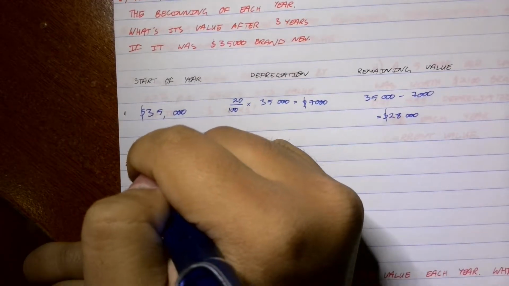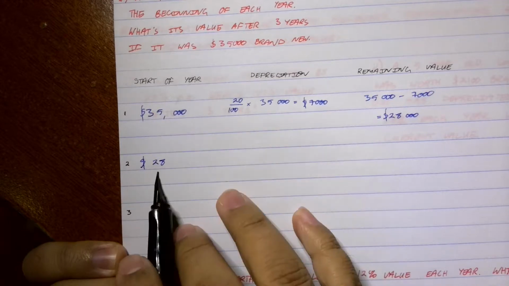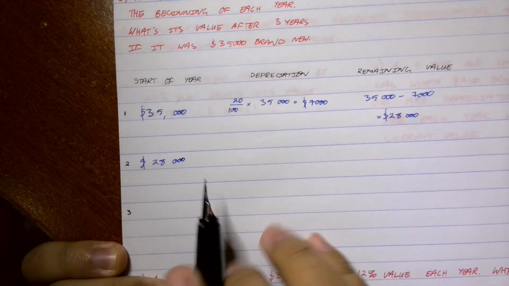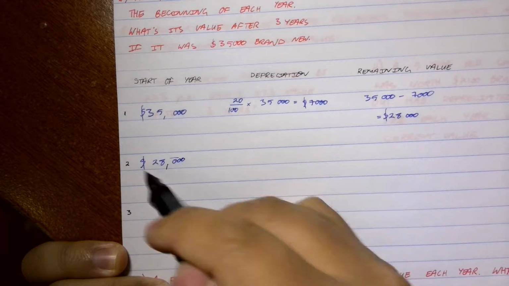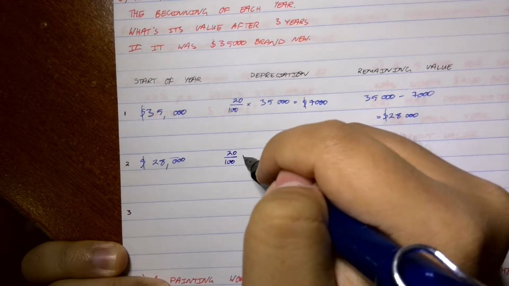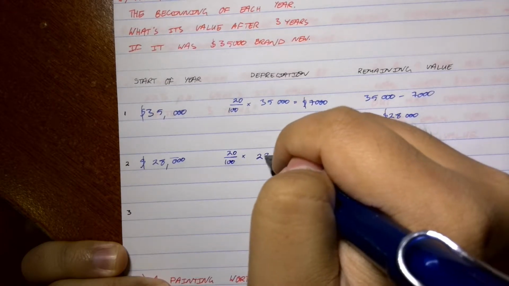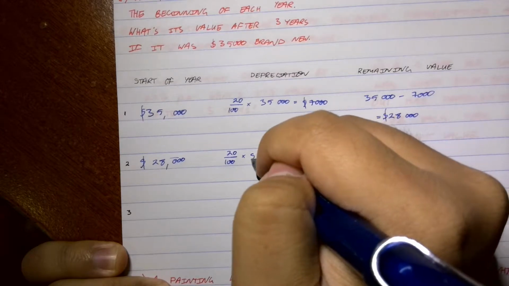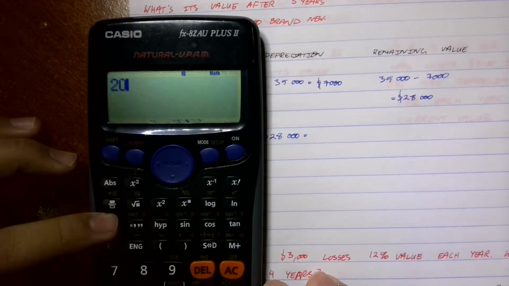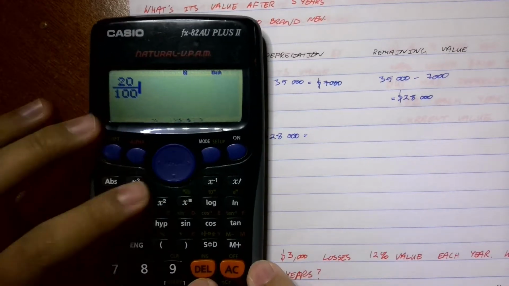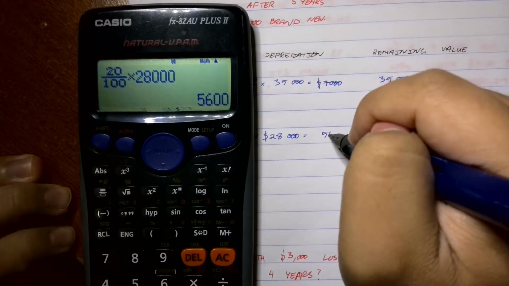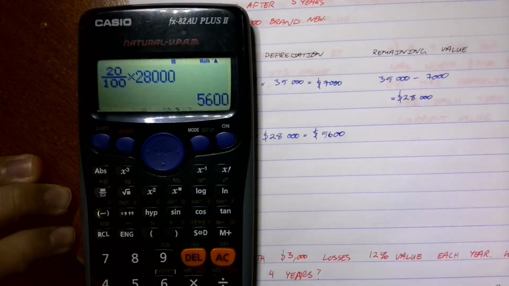At the second year, it's worth this amount after its loss, and we now need to find 20% of this amount. So it's 20 over 100 times $28,000, which equals $5,600 in loss.